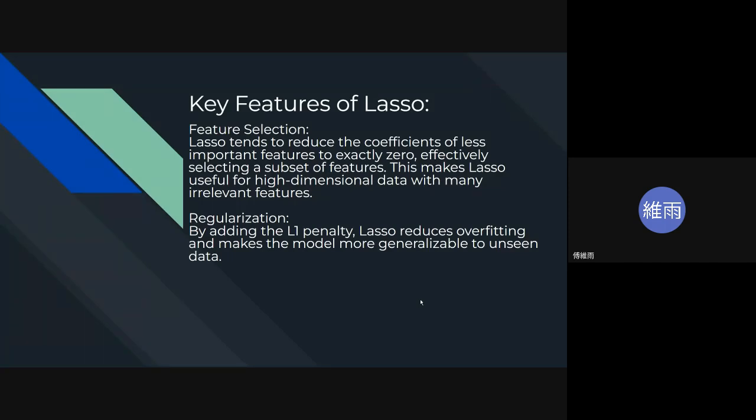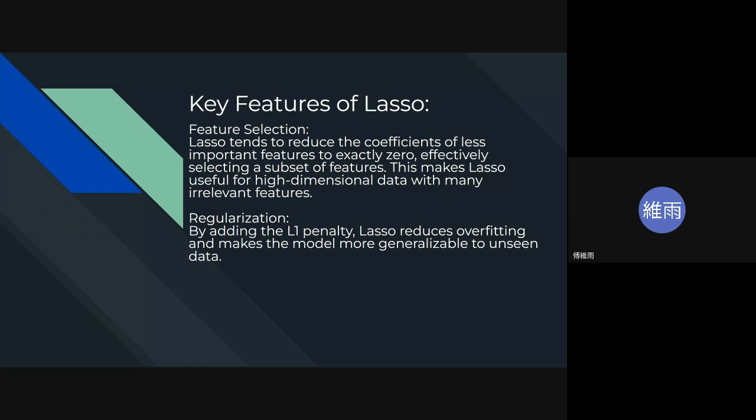So when we are working with high dimensional data, which is the case here, we can use some methods to filter the most important parameters of this dataset. We can use PCA, or we can use this lasso regularization. In this case, by adding the L1 penalty, the lasso reduces overfitting and makes the model more generalizable to unseen data.